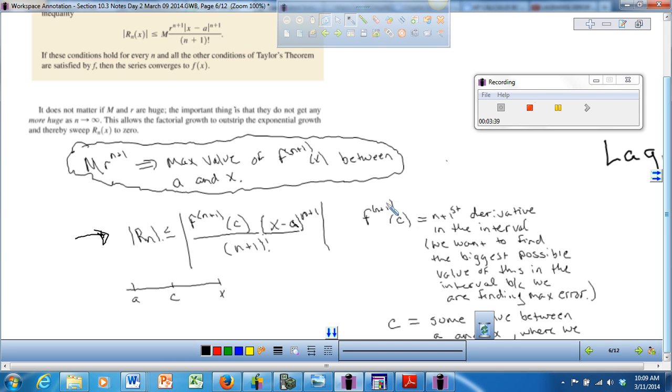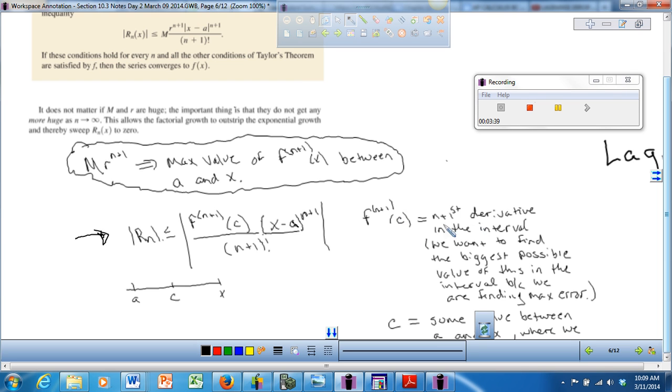All right, so we need to clarify and deconstruct the parts of this error bound. So the first thing we see is this f raised to the, in parentheses, n plus 1 of c. We remember when we see the n plus 1 in parentheses, it's a derivative. So what we're talking about here is if we have a polynomial to the 5th degree, then I will be using the 6th derivative to calculate my error. Okay?